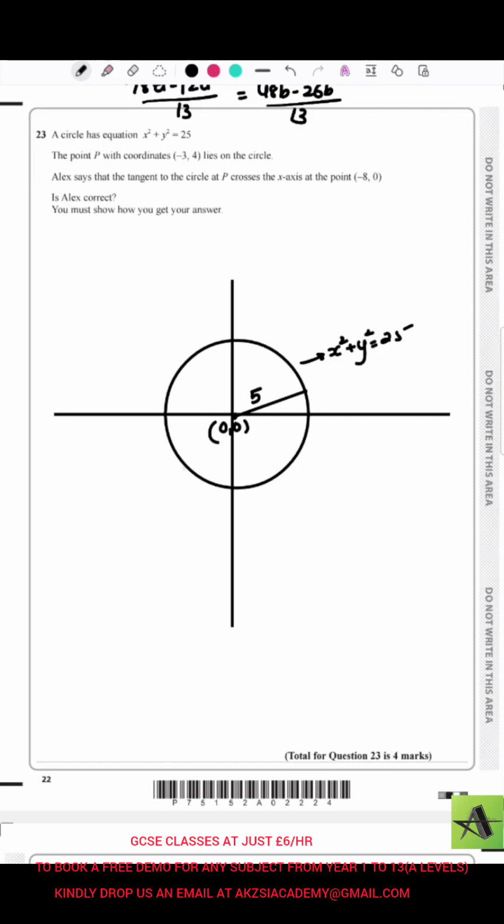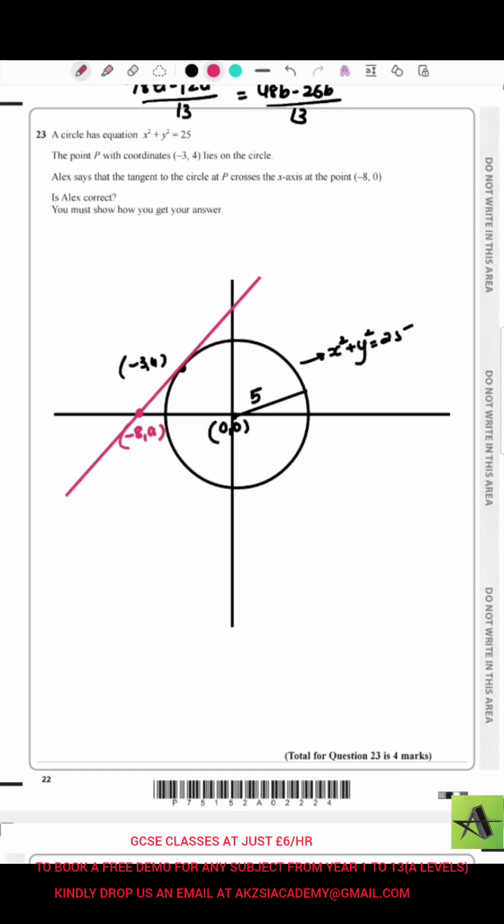So -3 would be here, 4 is up there. So -3, 4 is a point here. And I'm just drawing a tangent to this point, this one. It says when it passes the x-axis, it will pass through -8, 0. This coordinate has to be -8, 0.